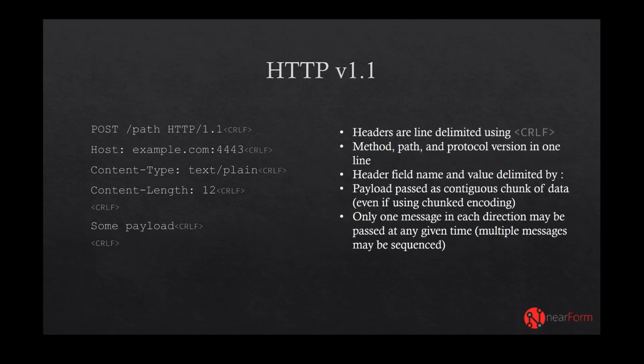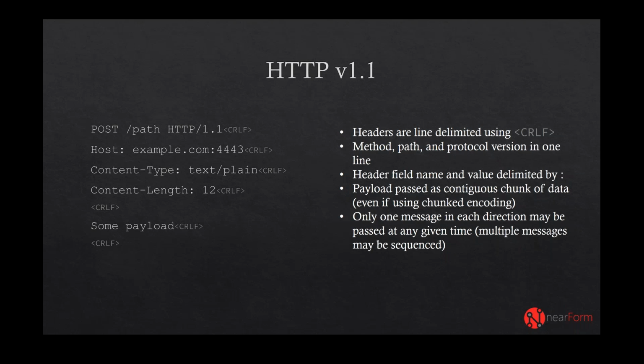You can only put one out on that socket at a time. Everything is line delimited with the CRLF. Any parser that's receiving these and making sense of these looks specifically for those CRLF lines, and it's a very specific format. It's also very, very efficient.